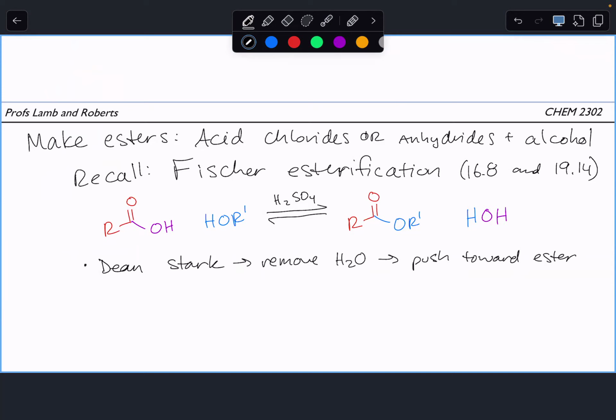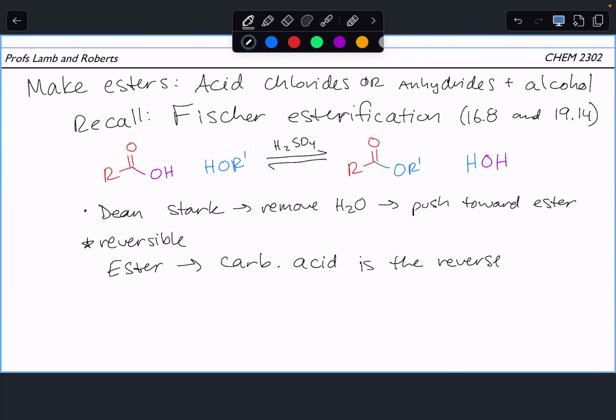But this is a reversible process. If you think about this in reverse, that's an ester going to a carboxylic acid, right? That is the reverse. So this is a reaction that you already know.